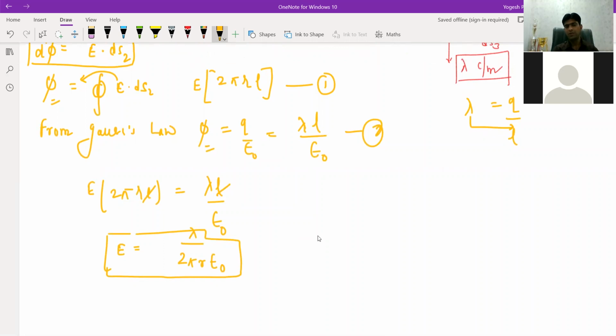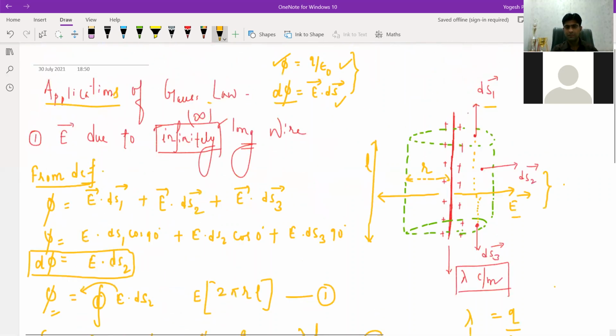Now if you want to write it in vector form, how will you write it? Use a unit vector. The radius that you have taken, the direction of the unit vector will be the same as the direction of the electric field.